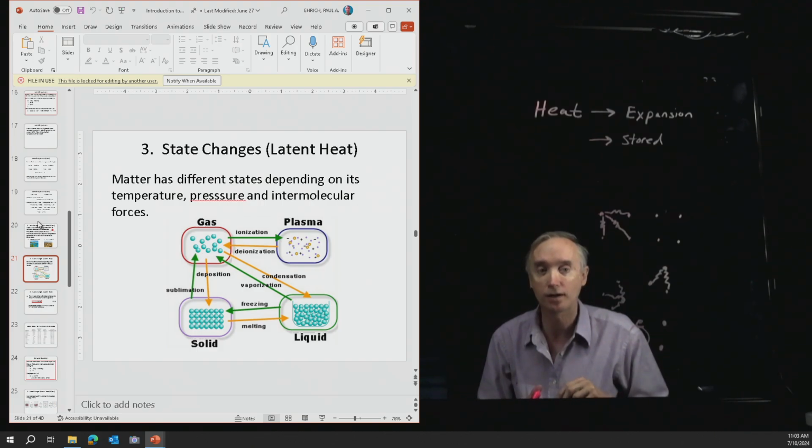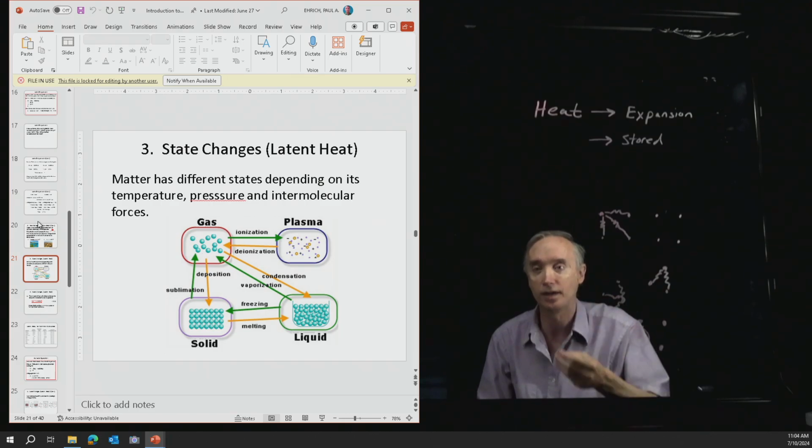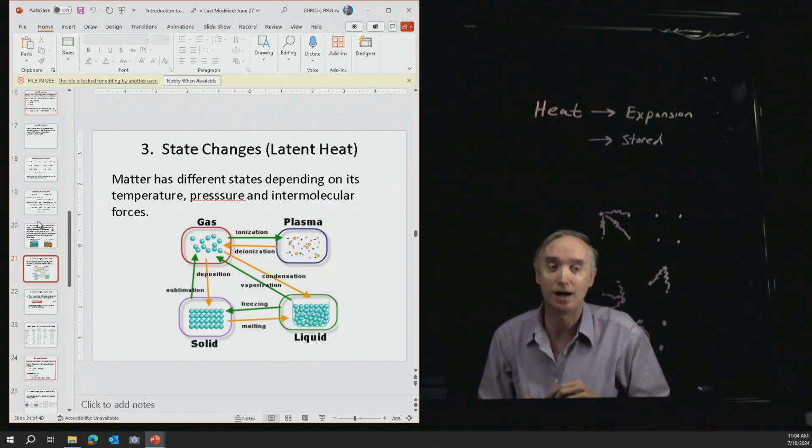So it goes directly from a solid into a gas. So it all depends on pressure. So we won't get into that just yet. And so if it goes from the solid to the gas, then we're going to call that sublimation. And then if it goes back from the gas and it freezes and it turns back into a solid, then that's going to be called deposition. And if you go from the gas to the plasma, you have ionization. And if it goes from the plasma back into the gas form, then that's going to be deionization.